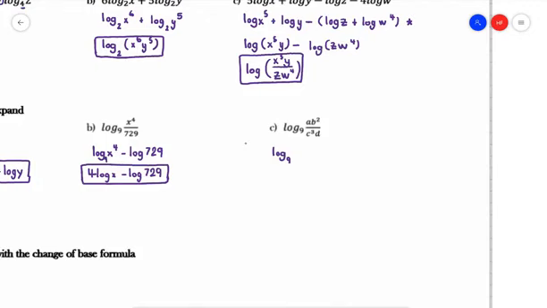Oh, I missed my base on B. Log base 9 of AB squared minus log base 9 of C cubed D. I'm going to separate them. A plus log base 9 B squared minus log base 9 C cubed.